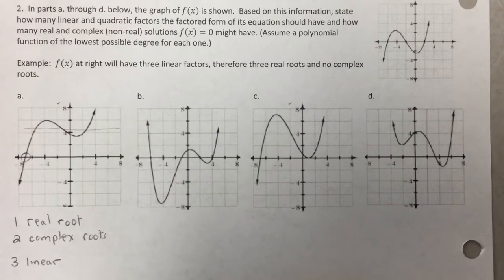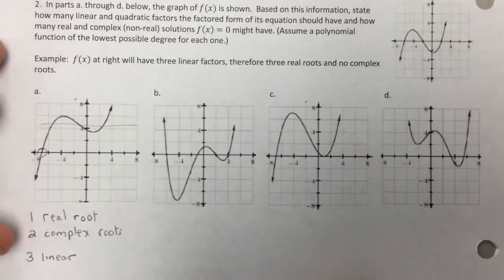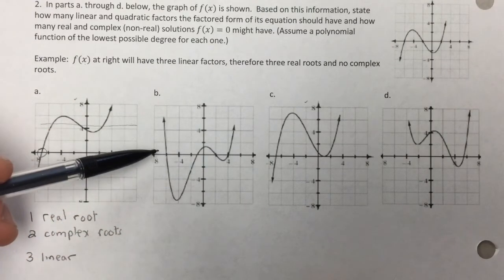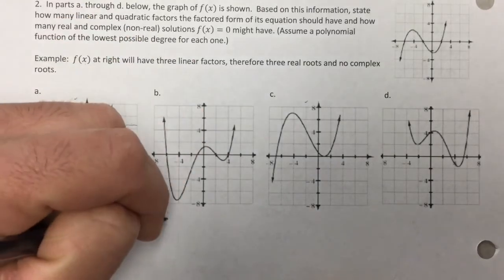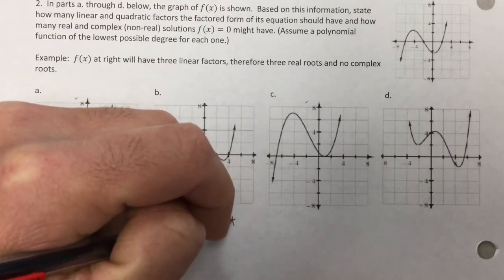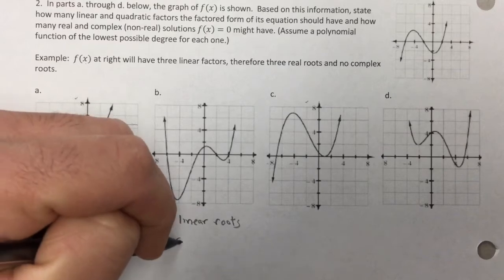If we look at letter B, I have it going through here. These would all be 1, 2, 3, 4 linear roots. And there's 4 real roots out of that.